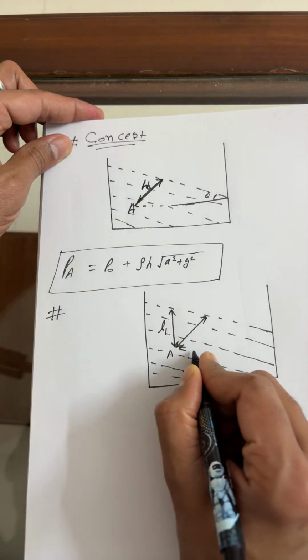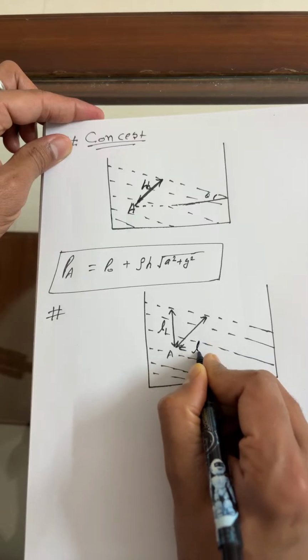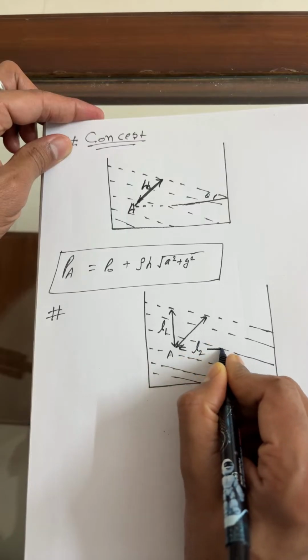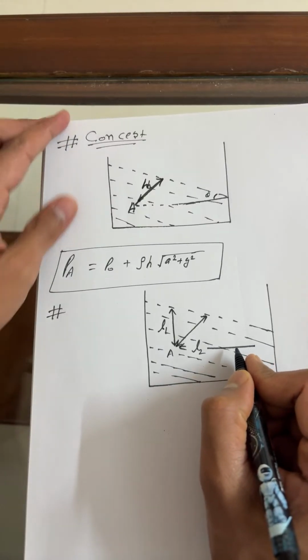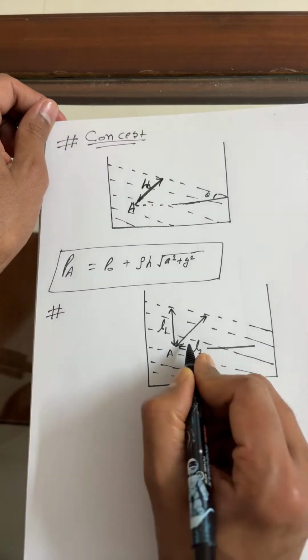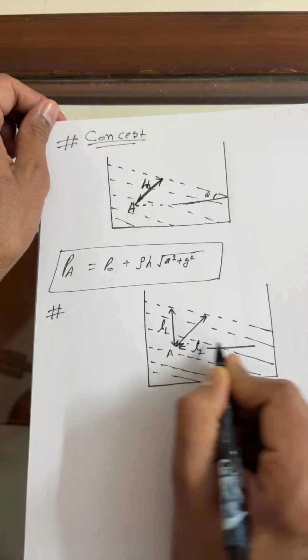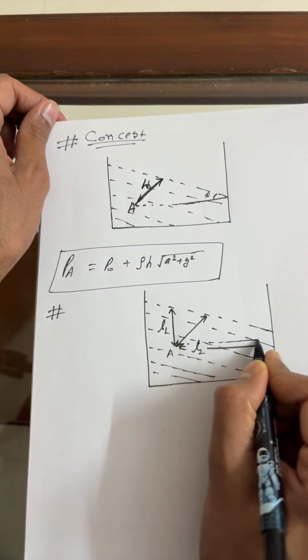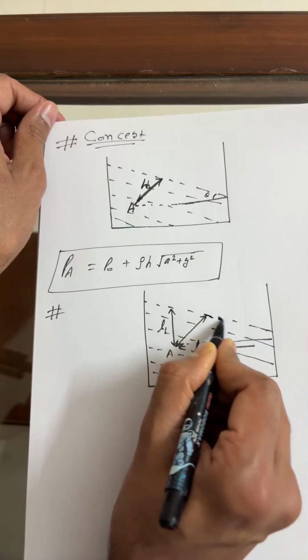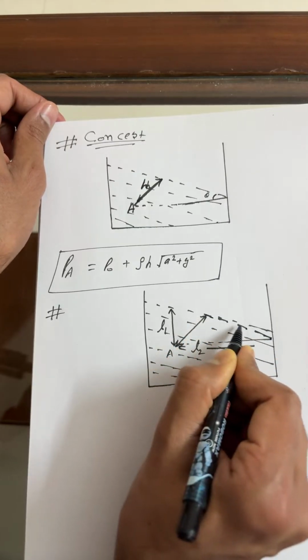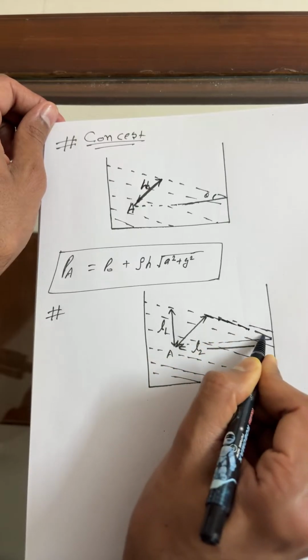You can take the L2 distance from beta in this condition. So there are little changes here. This is L2, and this is the surface of the liquid.